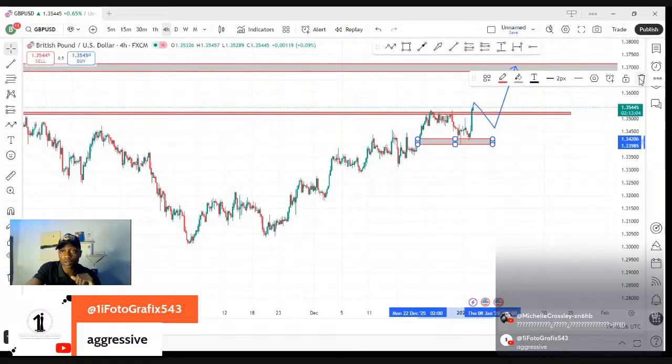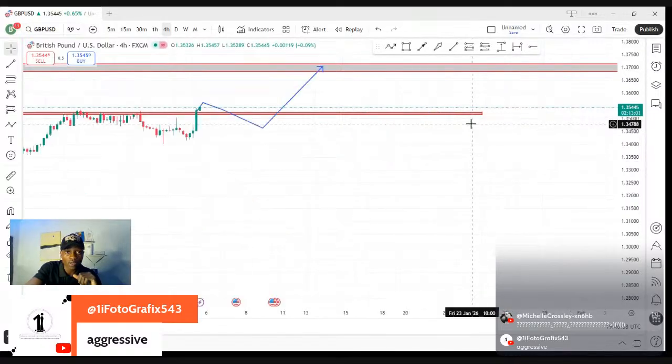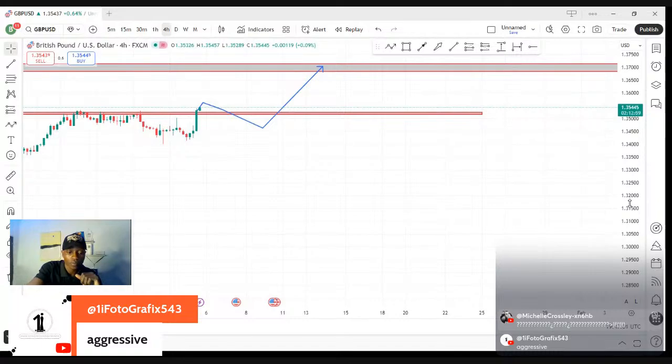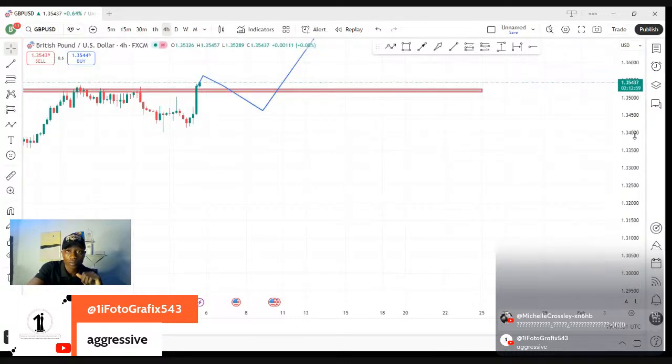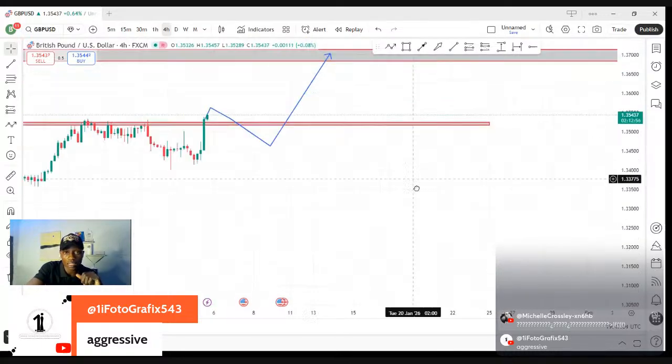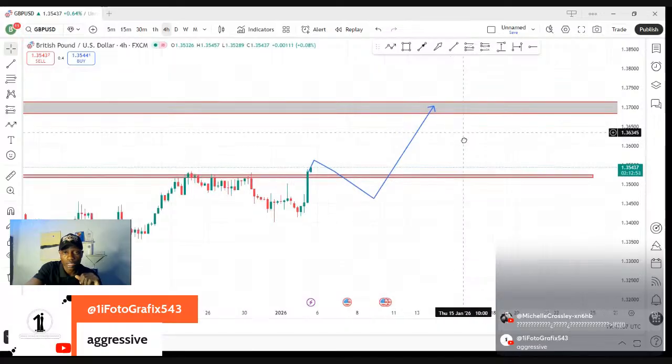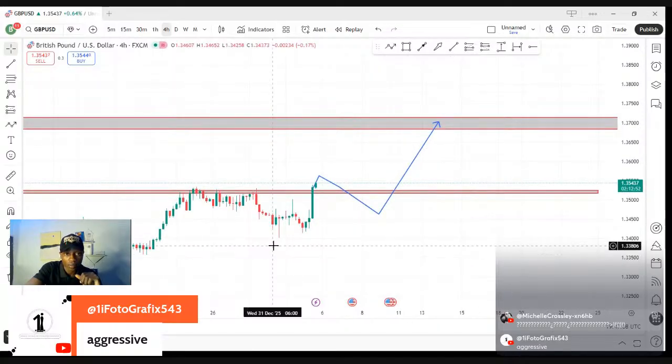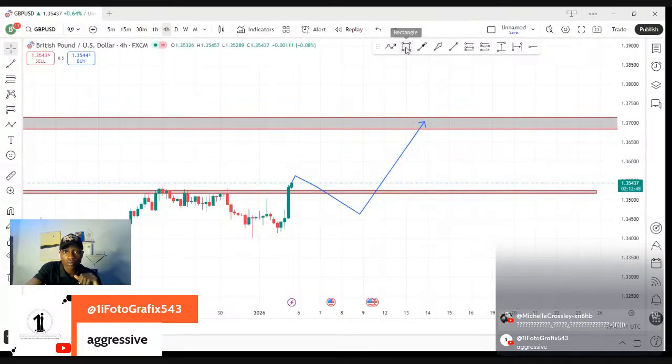These two are no longer relevant. Okay, we have an inner support level at this area, just as you can see.